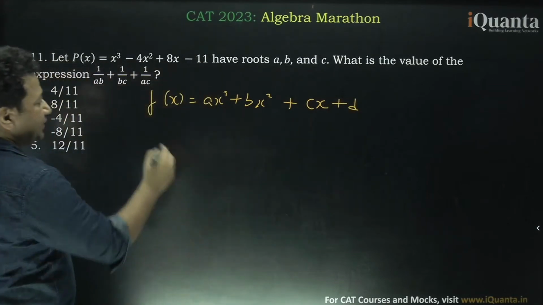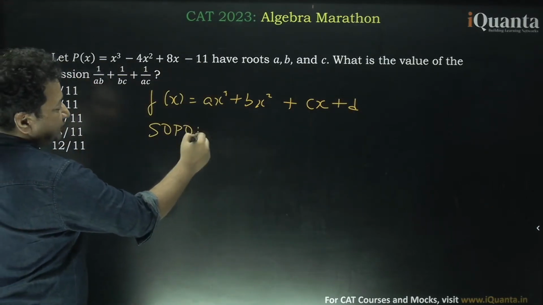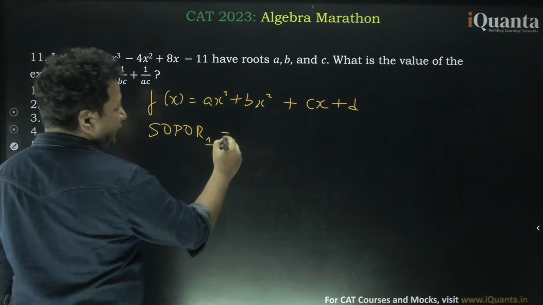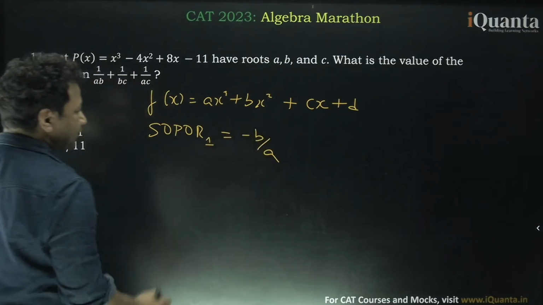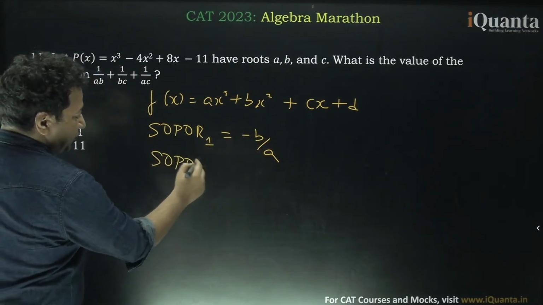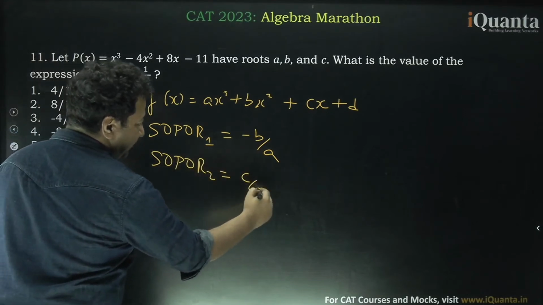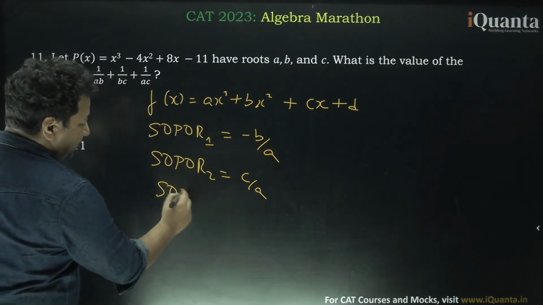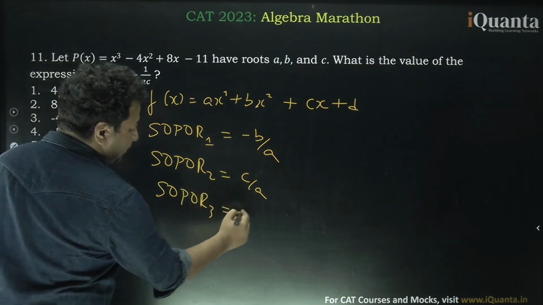In this case, sum of product of roots taken one at a time will be equal to minus b by a. Sum of product of roots taken two at a time will be equal to c by a, and sum of product of roots taken three at a time will be minus d by a.